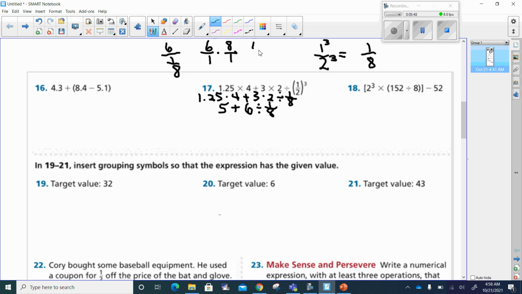And this is going to give us 48. So now we have 5 plus 48. Five plus 48, well, that's going to give us 53.